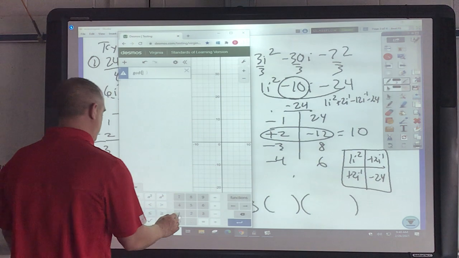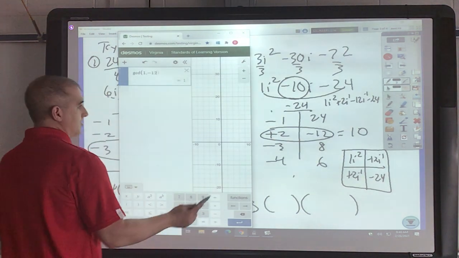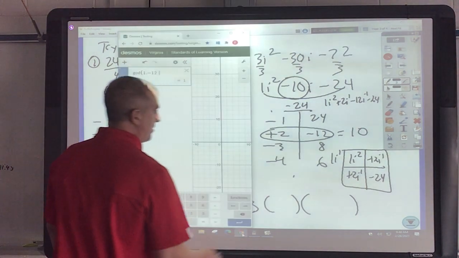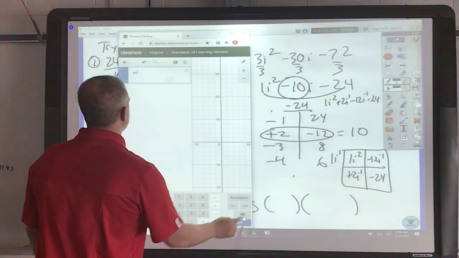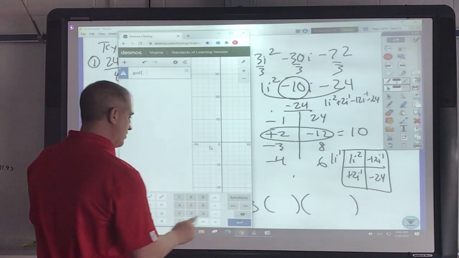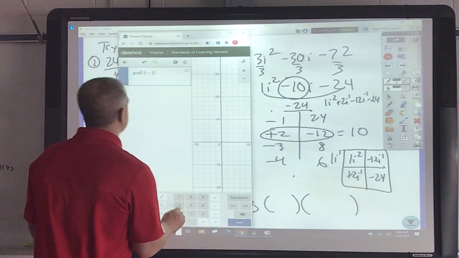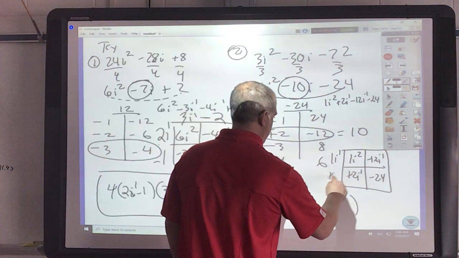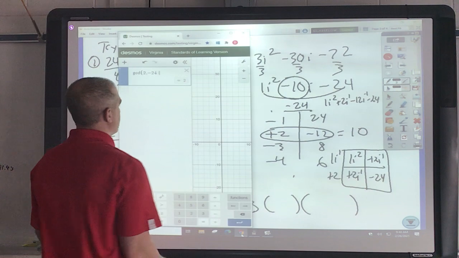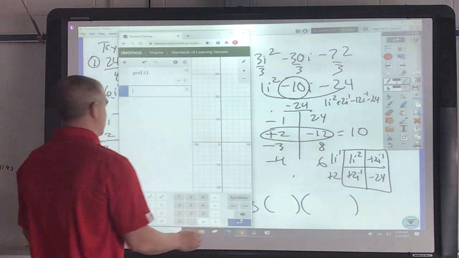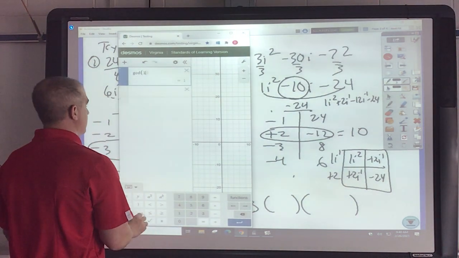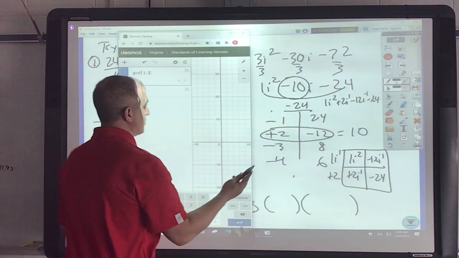That's 1 and negative 12, which is 1. They both have an i, so i to the first, because that's the smallest exponent. We got 2 and negative 24, which is 2. Since that's a plus, it's a plus, no i. So I do 1 and 2, which is just going to be 1.